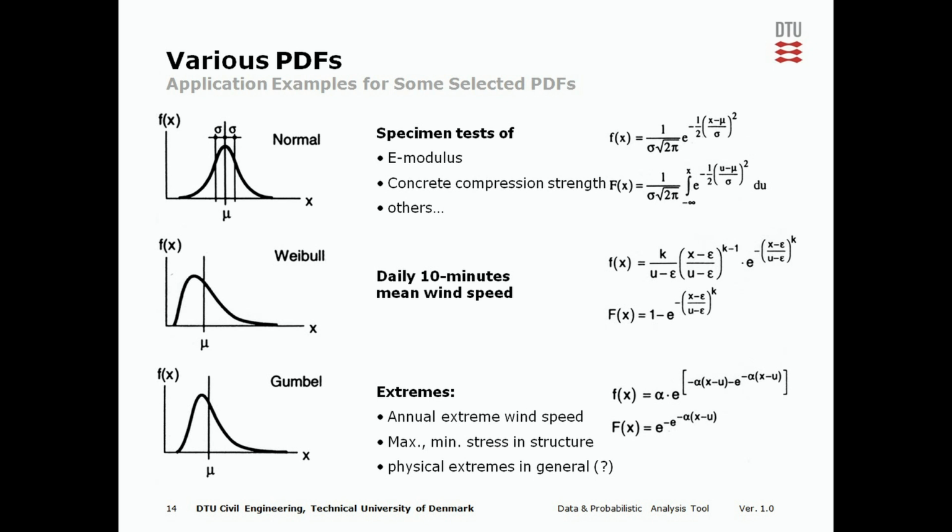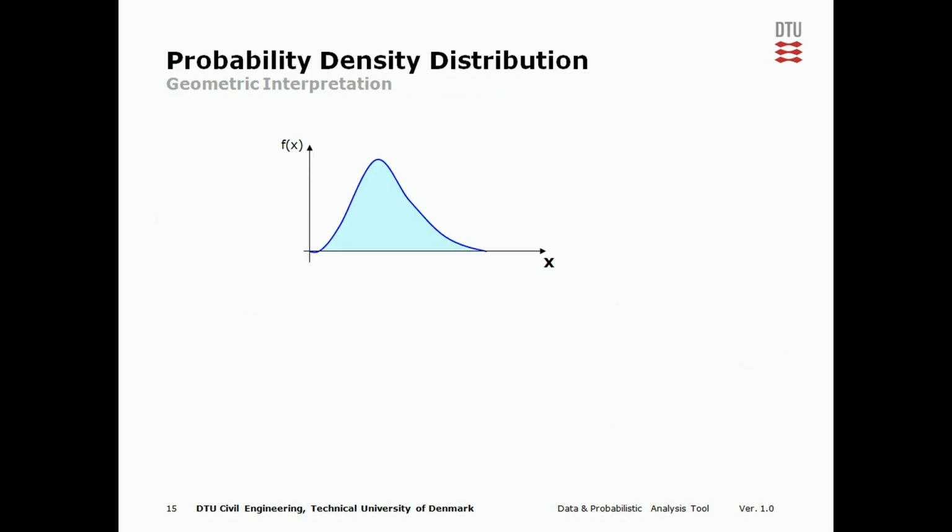There are many other distribution functions in literature, but these are those we in wind engineering use the most, and also those we are going to apply in the different exercises in this course.